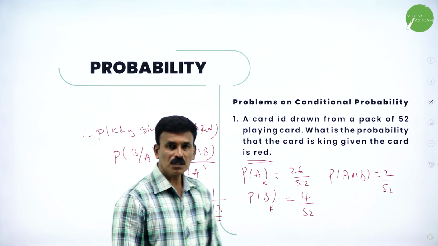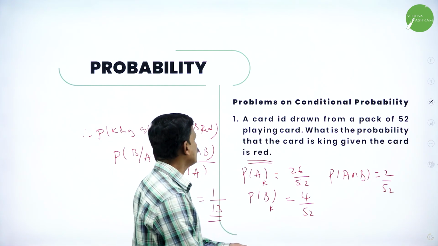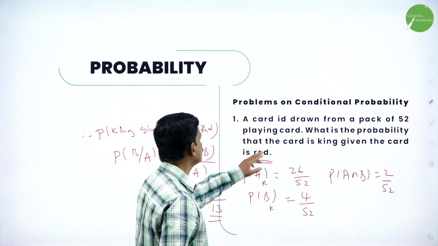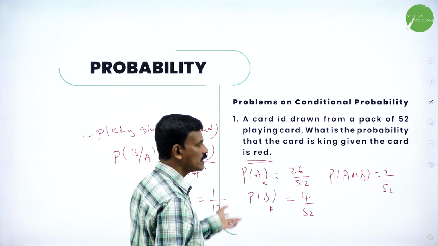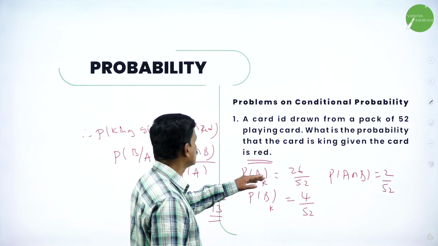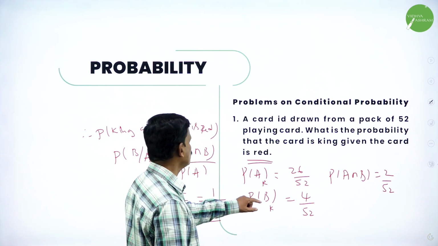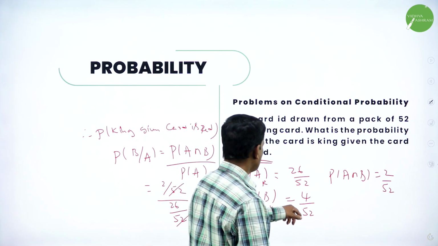That's it. Now listen to me. A very simple problem. A card is drawn from a pack of 52 playing cards. What is the probability that the card is king given that it is red? Probability of A is 26 by 52, the probability of a red card. Similarly, probability of B is the king, 4 kings, so 4 by 52.